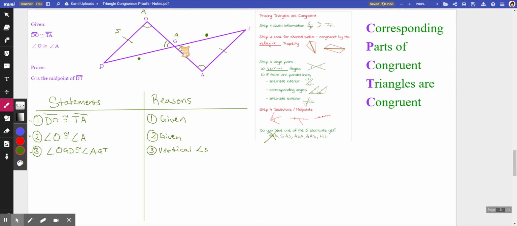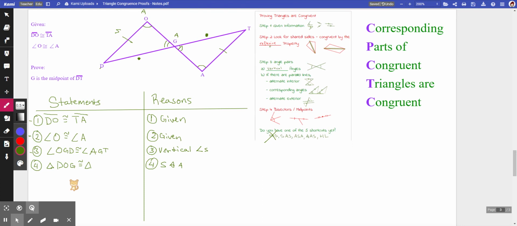It's important that they match up in the correct order, because if this angle were congruent to this angle instead of this angle, then it wouldn't work out. When you do side angle angle, you have to be really careful about the order of the angles themselves to make sure that the pieces actually line up. But they do, so I've got my side angle angle, so I can say that my triangles are congruent.